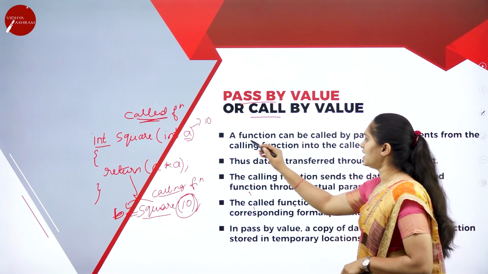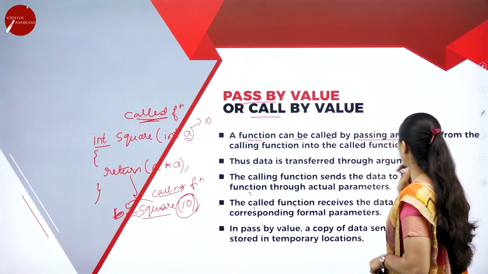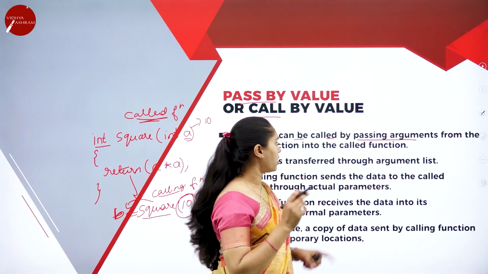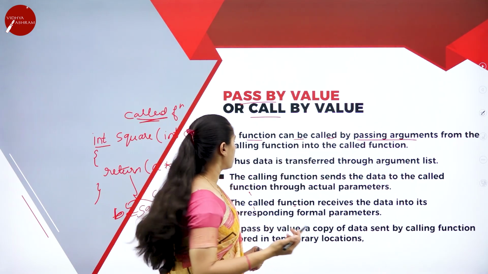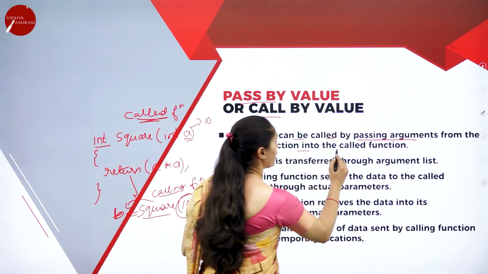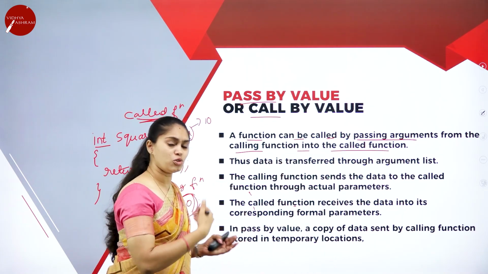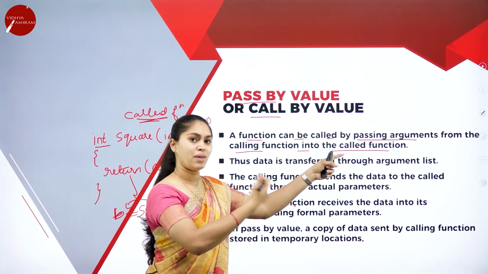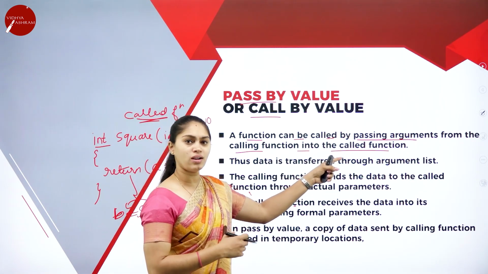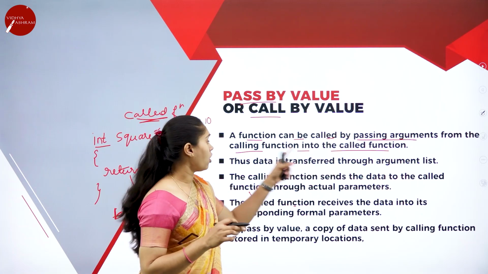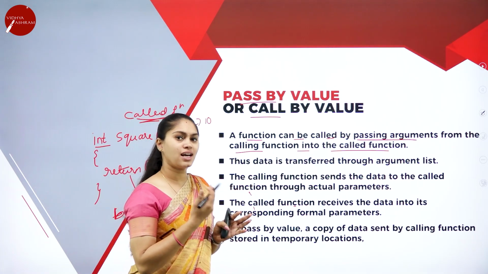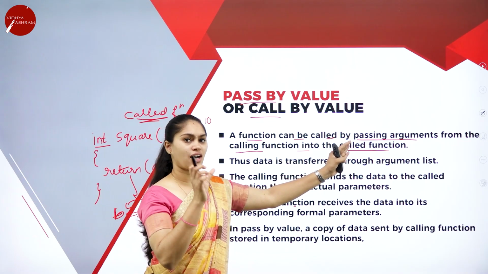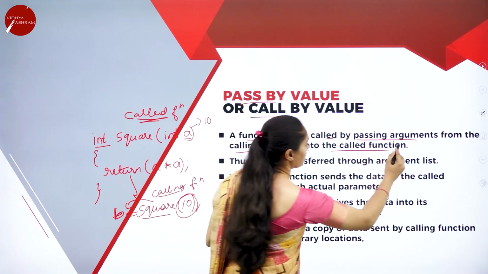You can see that a function can be called by passing the arguments. How am I going to call a function? That is by sending the arguments from the calling function to the called function. From where to where am I sending? From the calling function to the called function, we are making it active by sending the list of parameters. That argument will have the value.